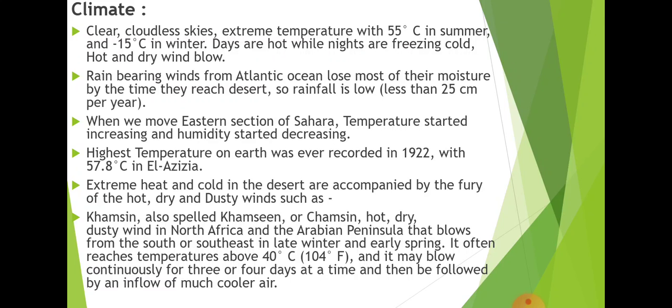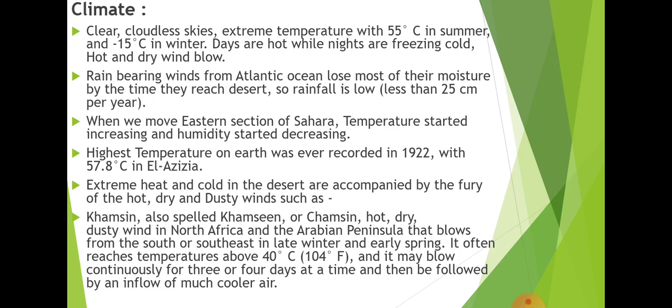It often reaches temperatures of about 40 degrees Celsius. When this wind blows, the temperature is highest, about 40 degrees Celsius, and it may blow continuously for 3 or 4 days at a time, followed by an inflow of much cooler air.